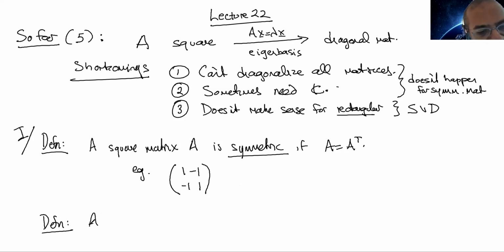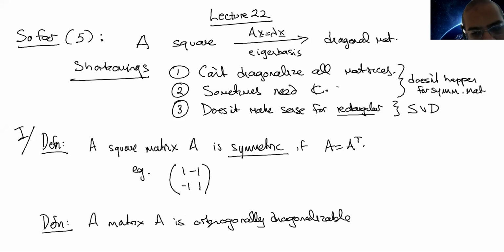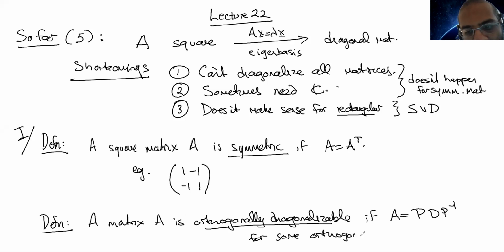We'll say a matrix A is orthogonally diagonalizable if A is equal to PDP inverse for some orthogonal matrix P. This is a stronger condition than being diagonalizable, because to be diagonalizable, you just need an invertible matrix P. And remember that an orthogonal matrix P is a matrix with the property that P inverse equals P transpose.